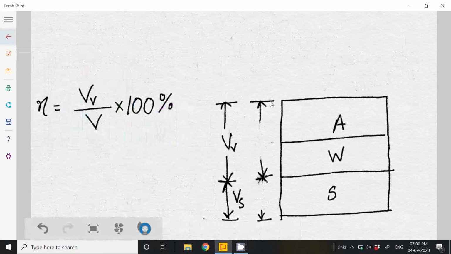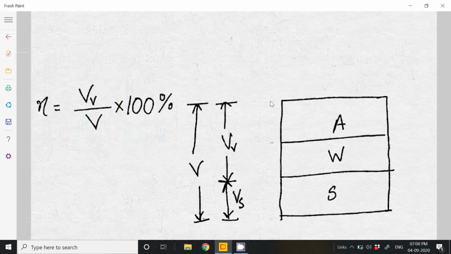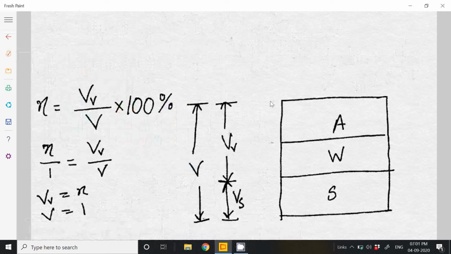So for porosity, now what is the total volume? This is total volume, right? So let me erase this part also. So if I modify this equation, we can write it as n by 1 is equal to Vv by V. So Vv is equal to n and V equal to 1, isn't it?